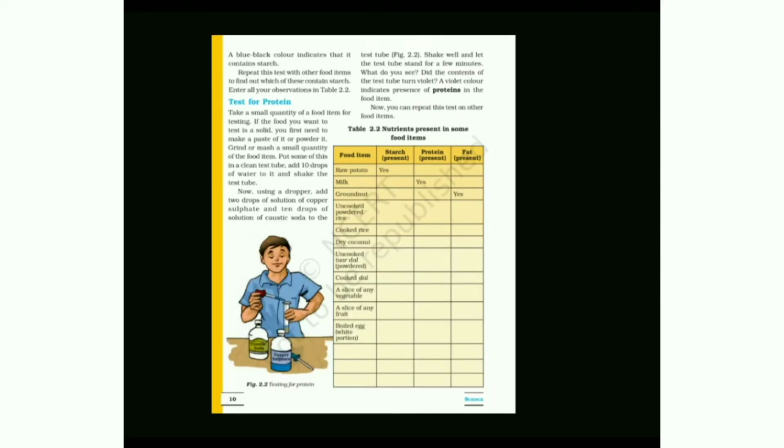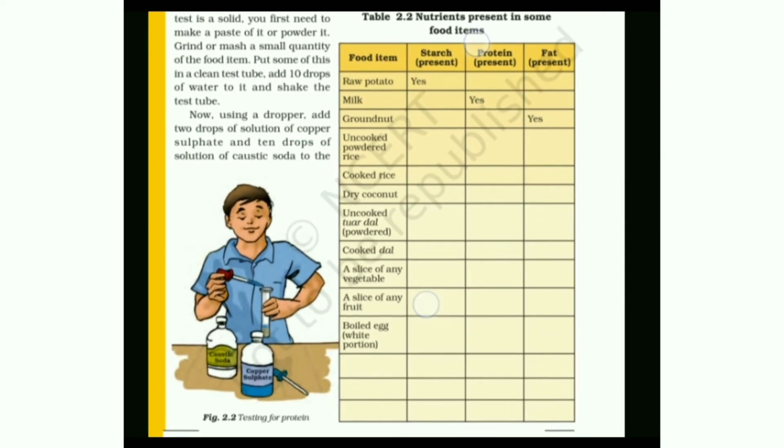Here is a table of nutrients present in some food items. The food item raw potato contains starch. Milk contains protein. Groundnut has fat. Unleavened powdered rice, so rice contains starch. Cooked rice, starch. Dry coconut, fat. Dal always contains protein, right?